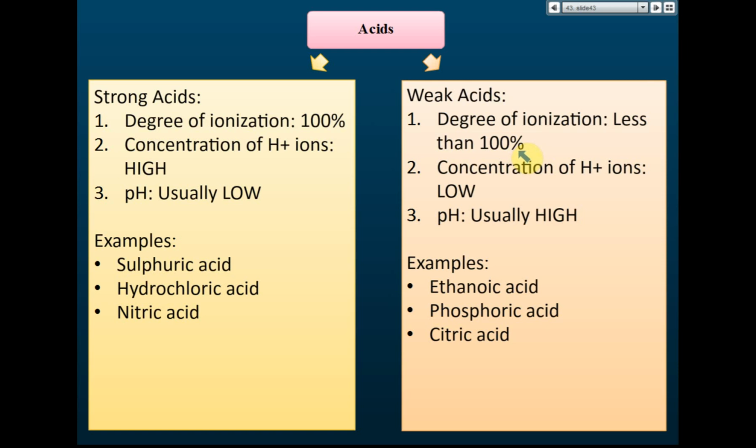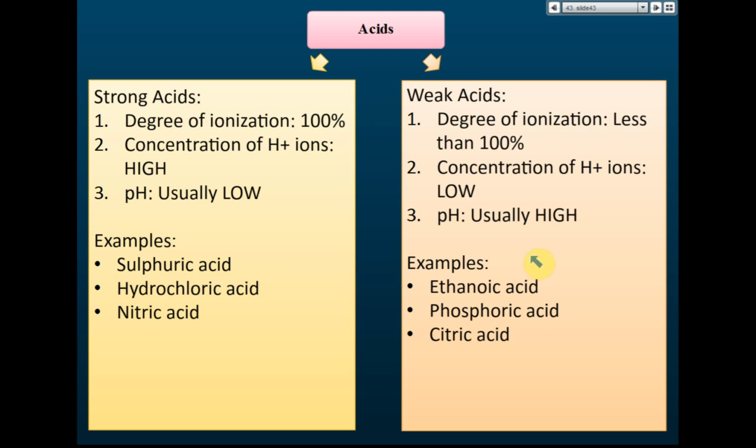But the concentration of sulfuric acid, okay, we can make it very high, okay? The concentration can be up to 97, 98% for sulfuric acid. So it means that it can be very, very concentrated, and this makes it very corrosive, okay?